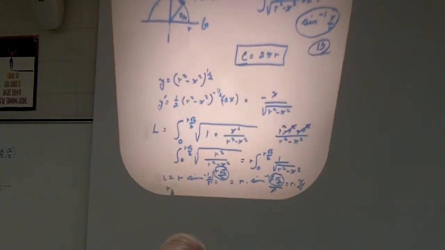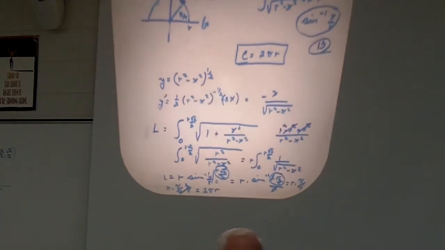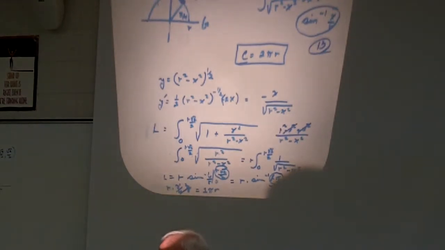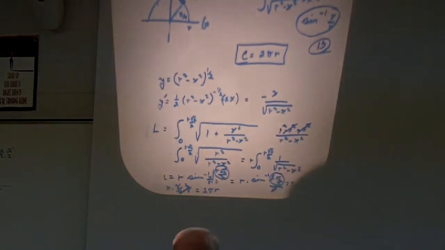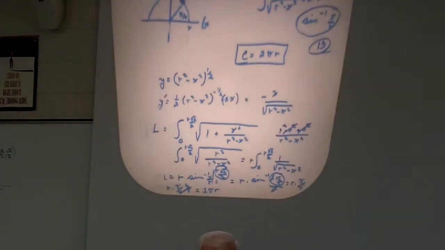So I have here r pi over 4, and I need 8 of those. And so you see that that's 2 pi r. That cool? Circumference of a circle is 2 pi r.